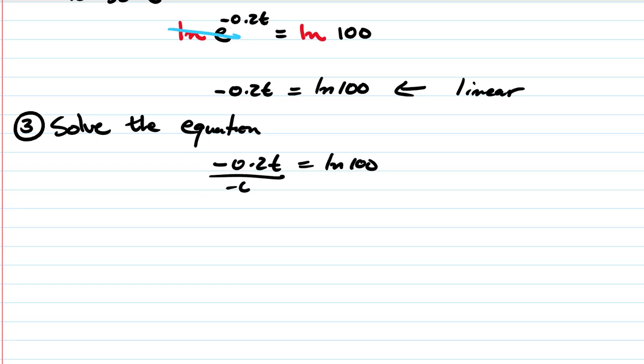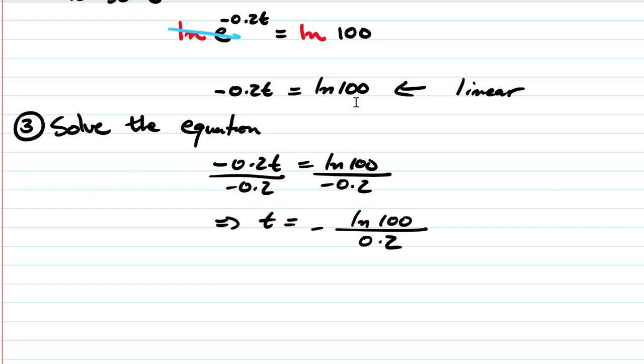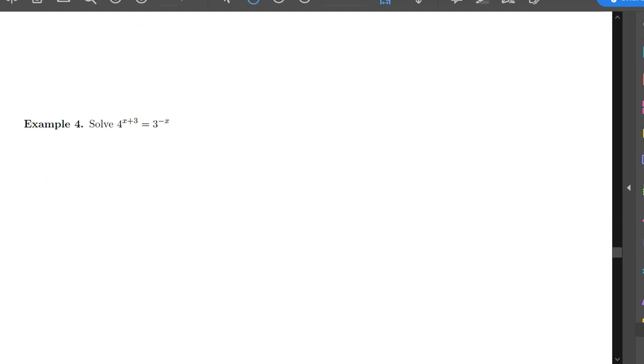So to do that, we divide by negative 0.2, and we divide by negative 0.2, and that gives us t is equal to the negative natural log of 100 all over 0.2. And that would be our solution to that equation. All right, so now let's take a look at our next example.